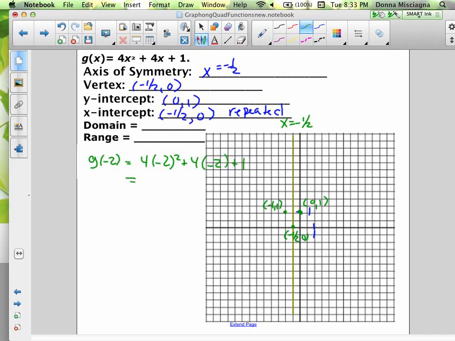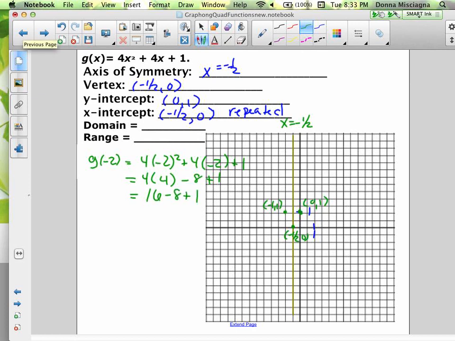That's 4 times 4 minus 8 plus 1. Well, this one fit. 16 minus 8 plus 1 is 9.